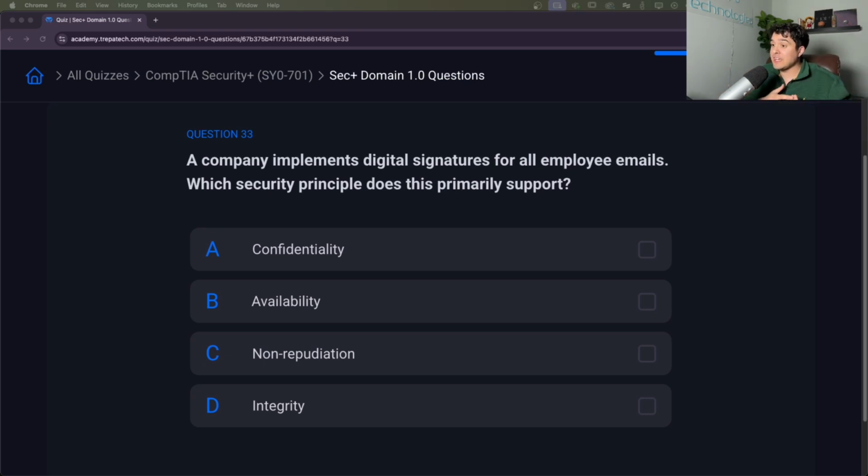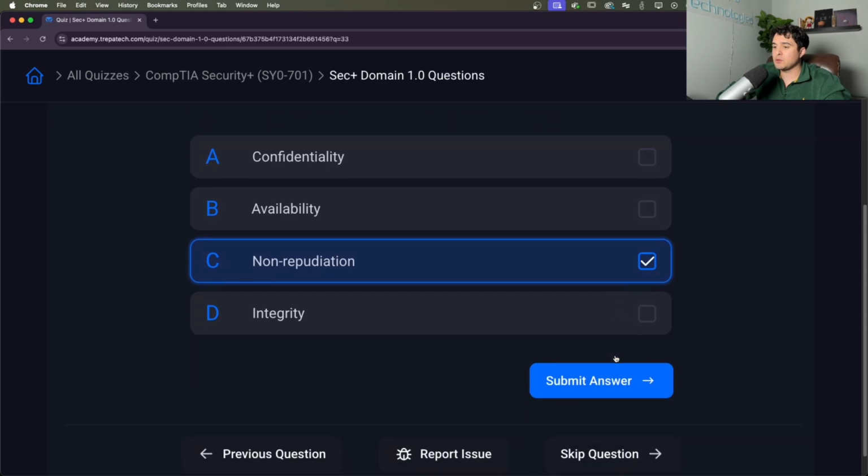It does give us integrity, but its primary purpose is non-repudiation. That's to make sure that the sender is legit, that we're authenticating that the sender did actually send this message, and then it also didn't get changed in the process, which would be integrity. But the most correct answer for this question is going to be C, non-repudiation.